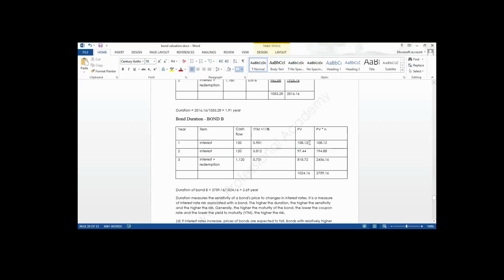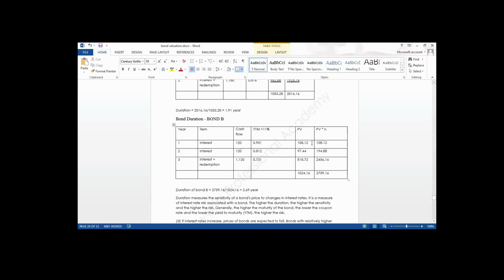Get your present value. Discount factor multiplied by the corresponding cash flow. You have 120 multiplied by 0.901.